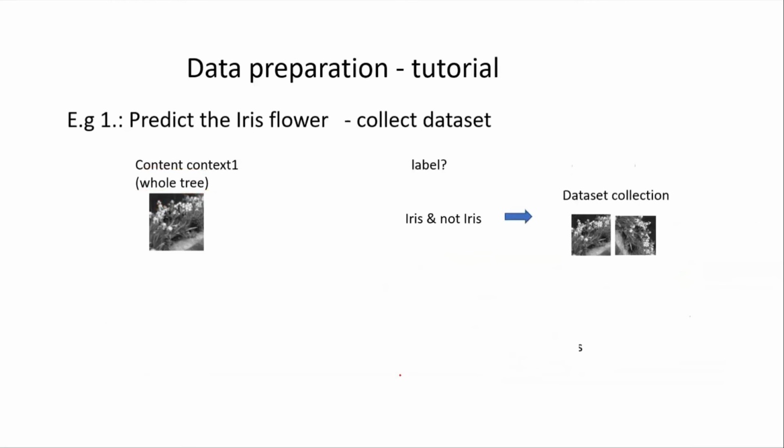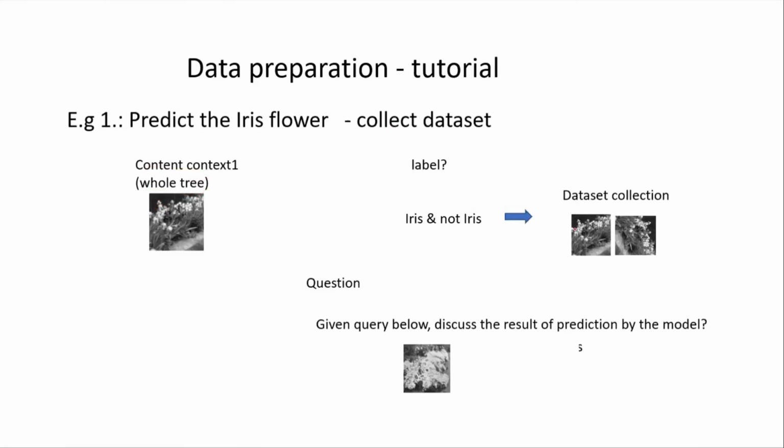Now the tutorial. On collect dataset, we have it like this. The whole tree, the label is not a label. So what is the question? This is the problem statement, the whole tree, and we have a label, iris flower or not iris.